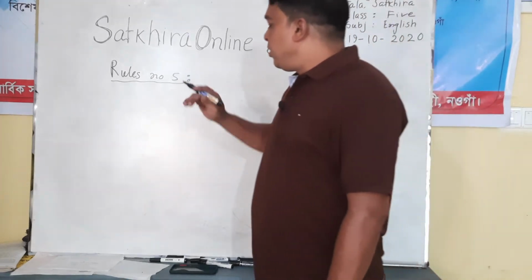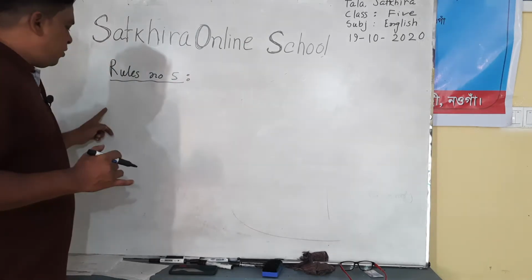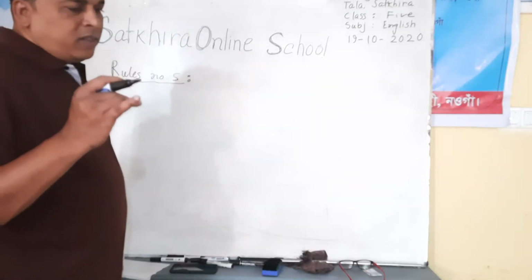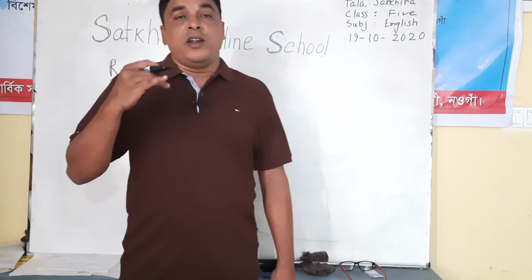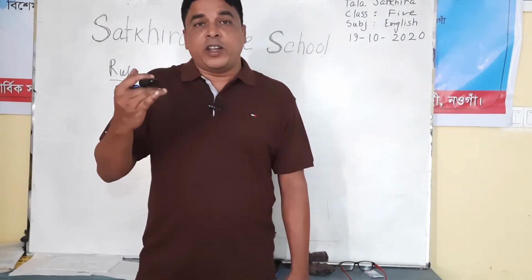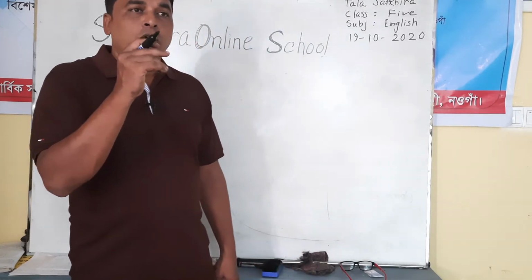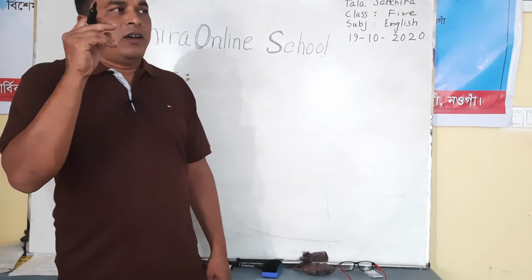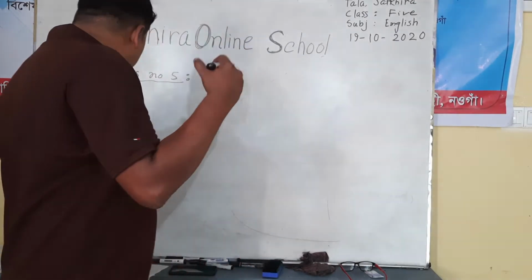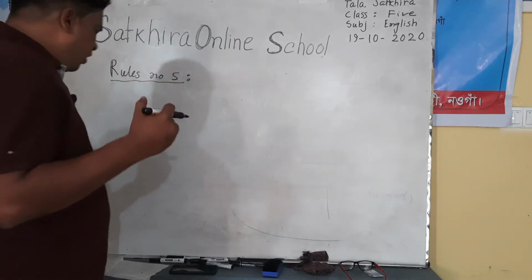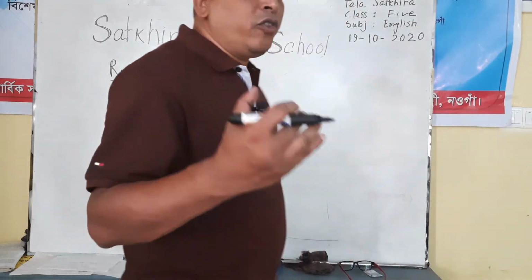If the last letter at the end of the singular word is O, and before the O there is a consonant, then we can change the number by some rules.